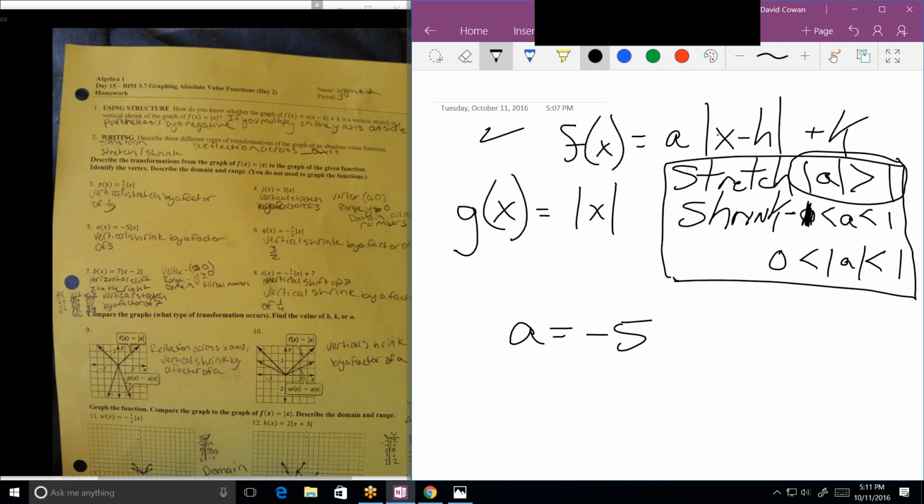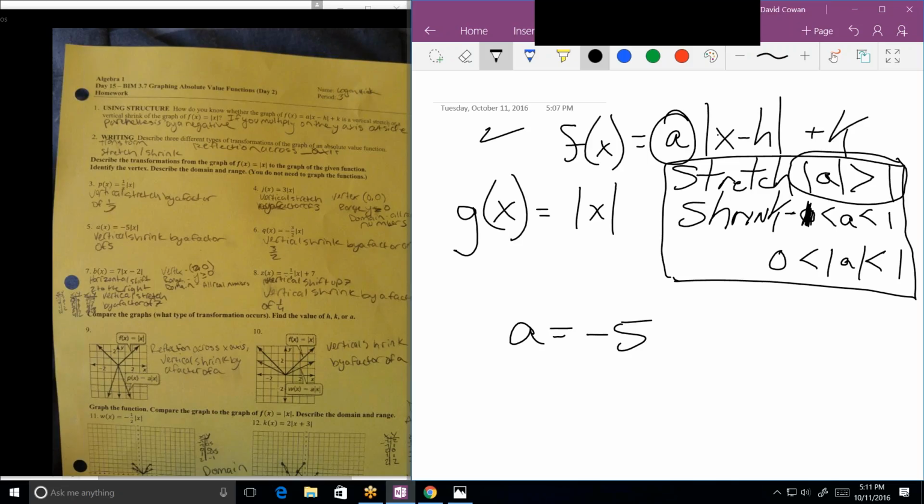And it's all about A. It's not based on H. It's not based on K. It depends on what A is. I was incorrect when I said A has to be greater than 1. It really is the absolute value of A, because I don't care. A could be 3, which is a stretch, but minus 3 is a stretch also.